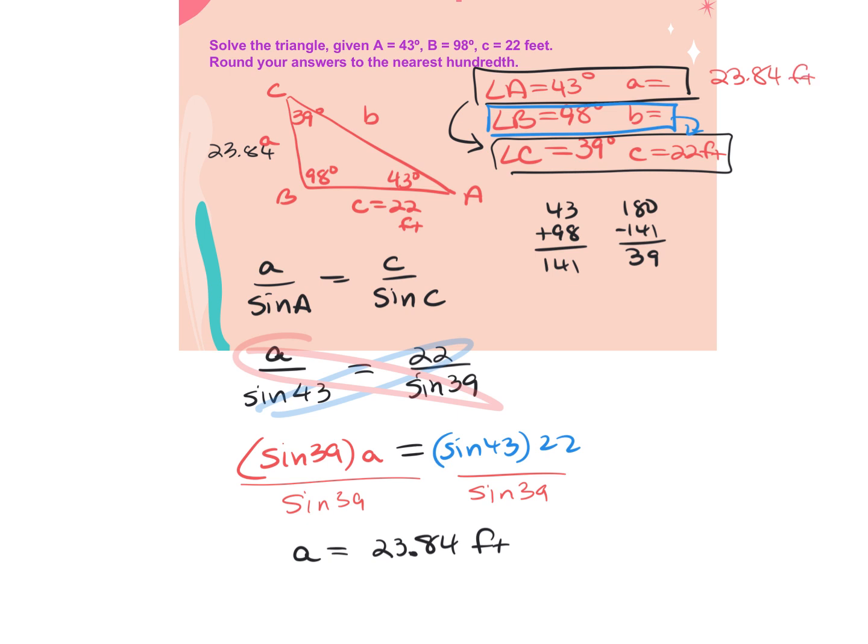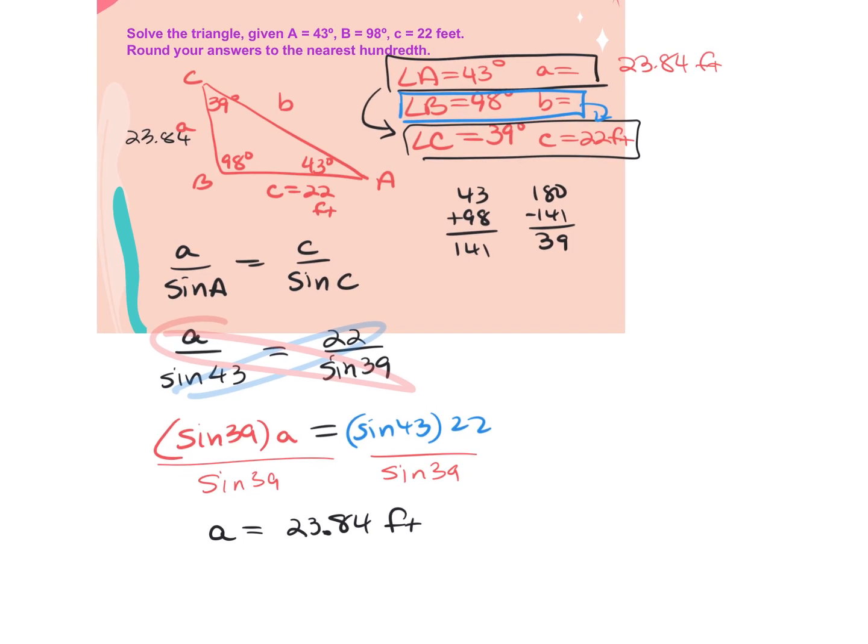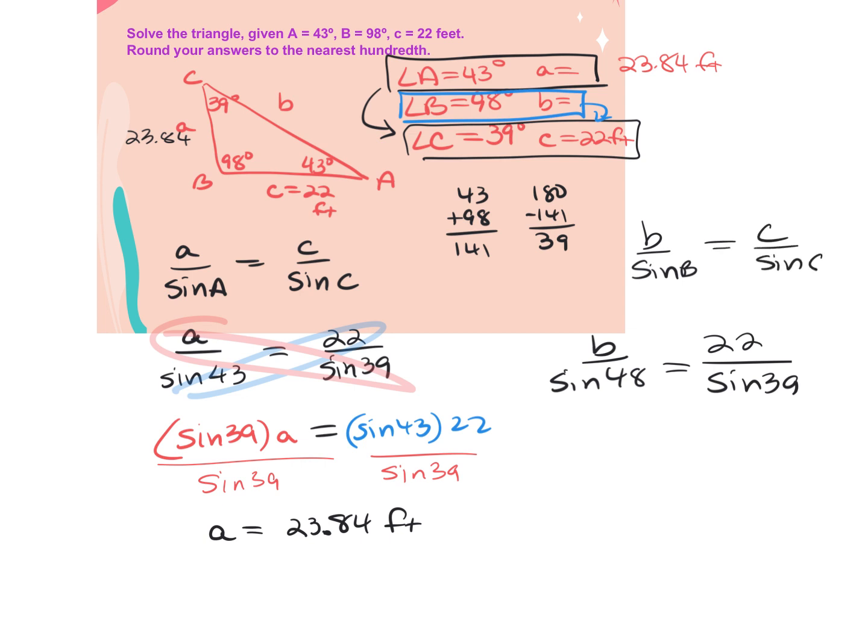And now I'm going to do the same thing. Use the same proportion for the C. Use the C information, the 22 over the sine of 39. And then I'm going to do B's information, so the sine of 98. So this was b over sine of B and c over sine of C. That's what I filled in.